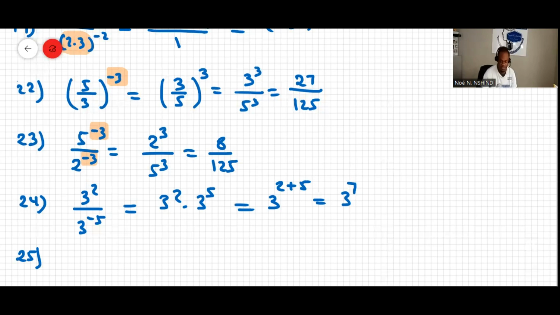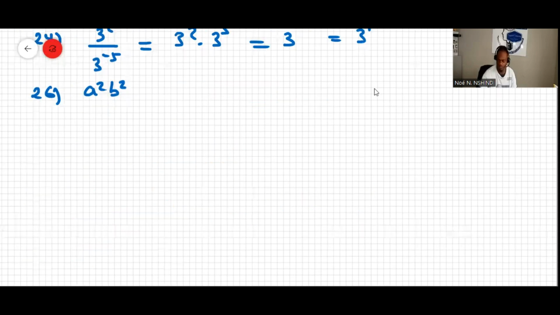Then we can do 26. What you have is a squared, b cubed, and then c to the -5, d to the 8, all over a b to the -4, c to the -6, d to the 8.